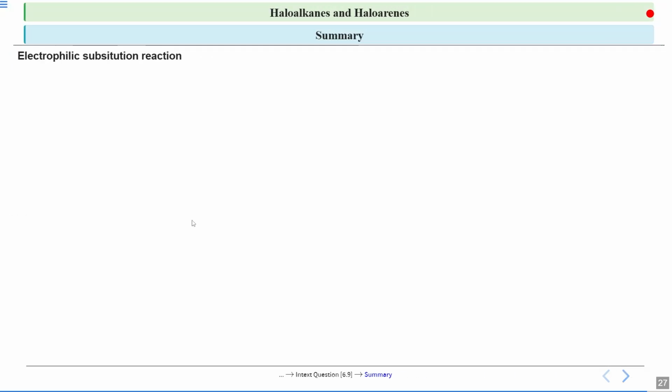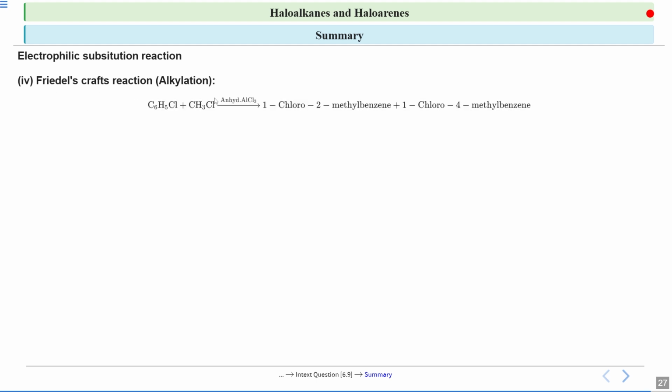Along with that, the fourth one is the Friedel-Crafts reaction. The first type is alkylation, where an alkyl halide and an aryl halide react together in the presence of anhydrous AlCl3, giving you 1-chloro-2-methylbenzene and 1-chloro-4-methylbenzene. Again, a mixture of products, one major, one minor.